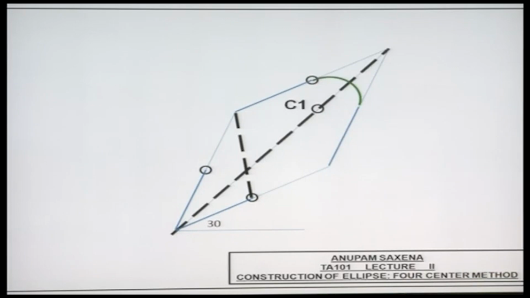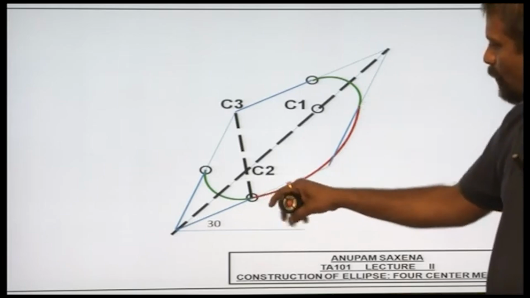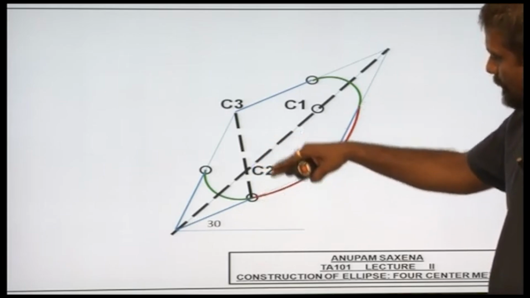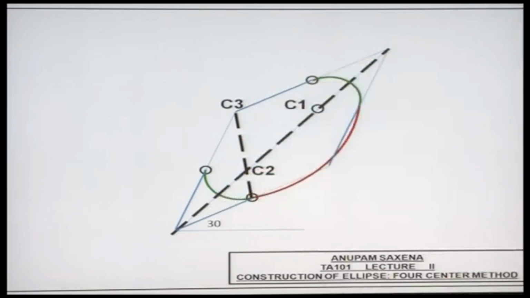Identify the 4 centers and complete the construction of the ellipse. What will happen is a part of this arc is going to be lying outside this parallelogram. This is something that you would not want.